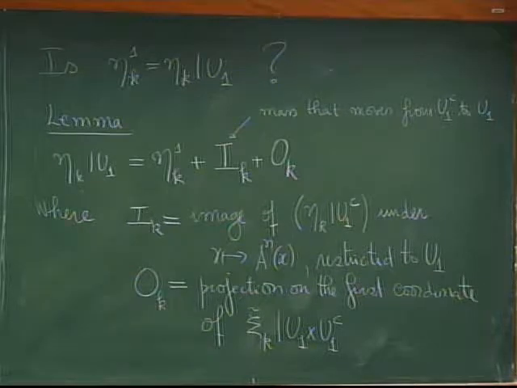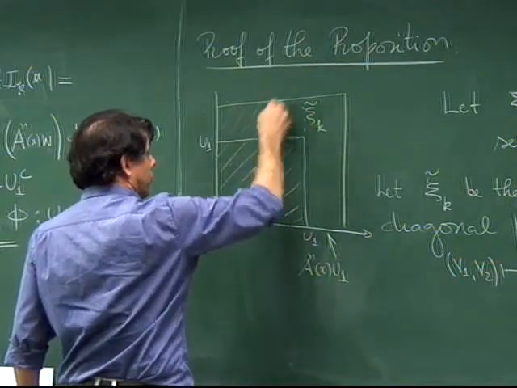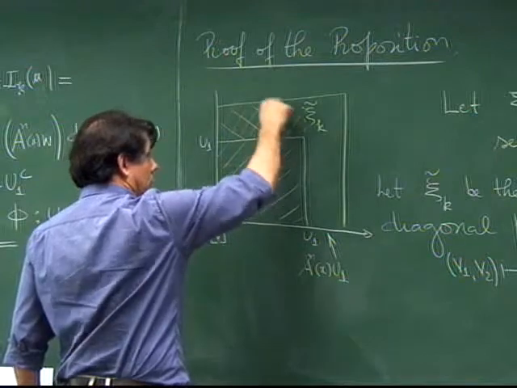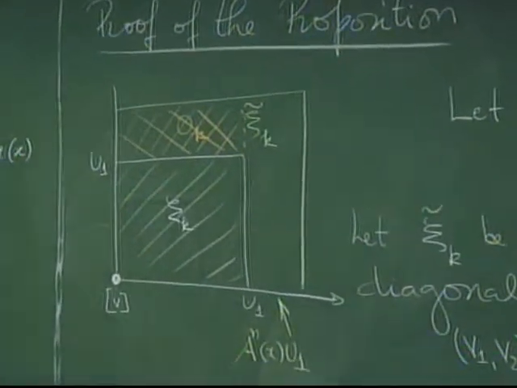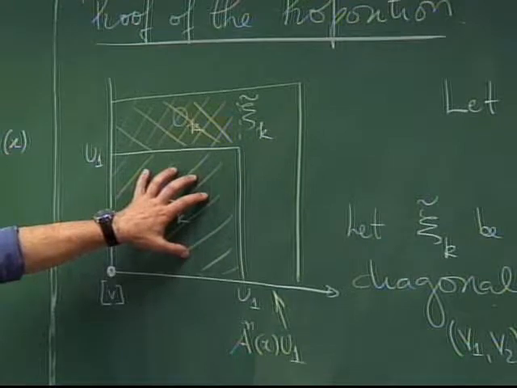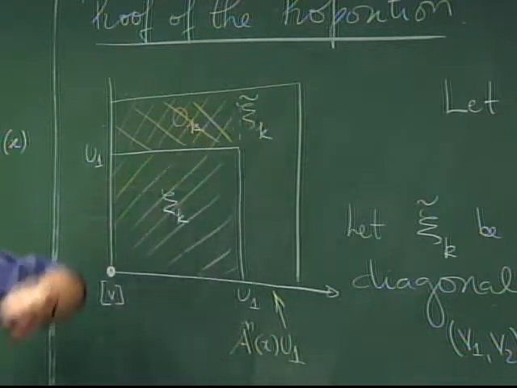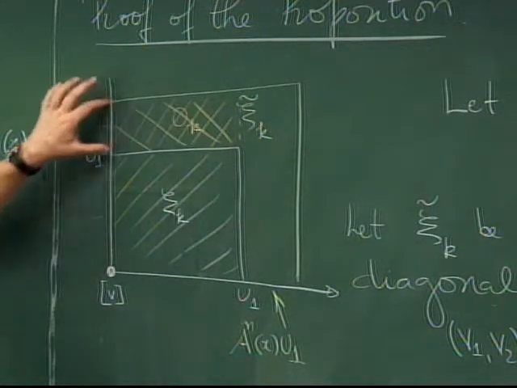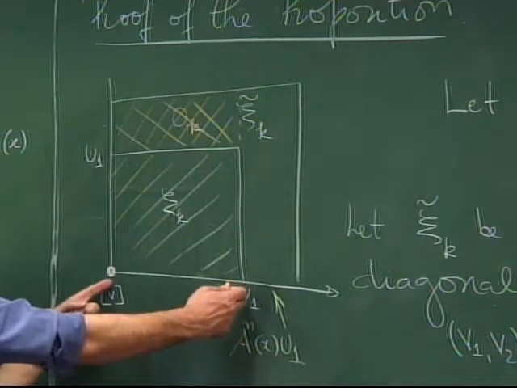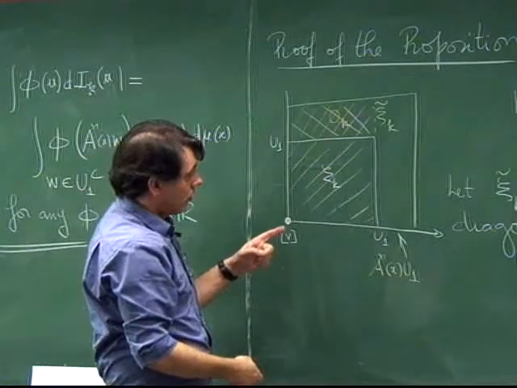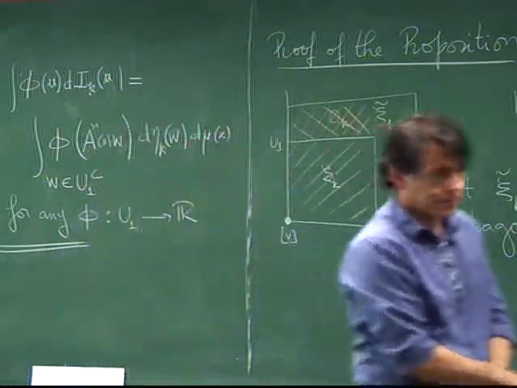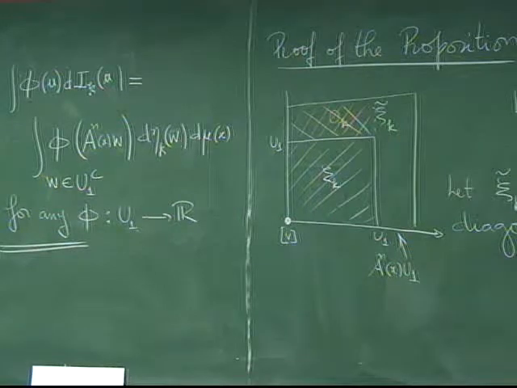So in the picture, that's this, the part of CK twiddle that lies here. That's mass that used to be here, and when I did the push forward, moved outside. Why only this and not the whole thing? Because I'm only considering the projection on U1. Of course, there's more mass that goes outside, but I'm only taking the projection here.